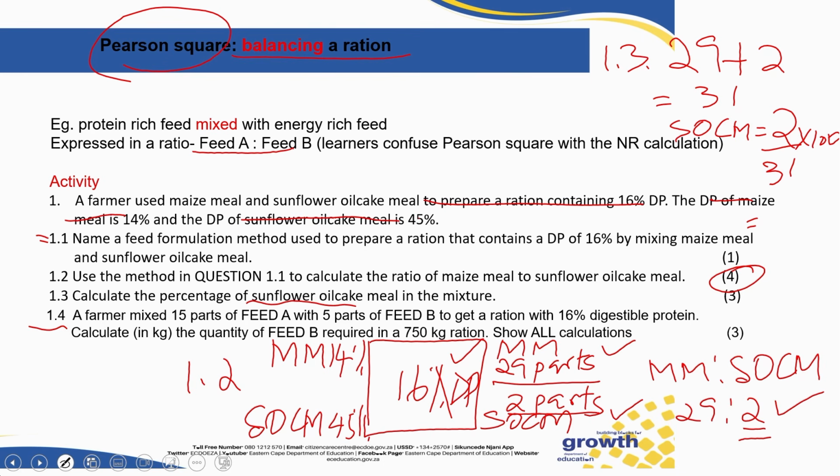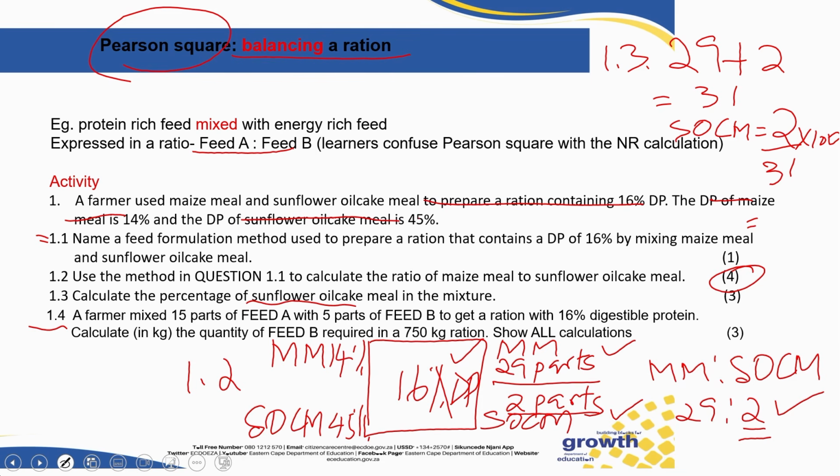So 1.4 now, a farmer mixed 15 parts of feed A with 5 parts of feed B to get a ration with 16% digestible protein. Calculate in kg the quantity of feed B required in a 75 kg ration. Show all calculations. I love this show all calculations because it also appears in the instructions.